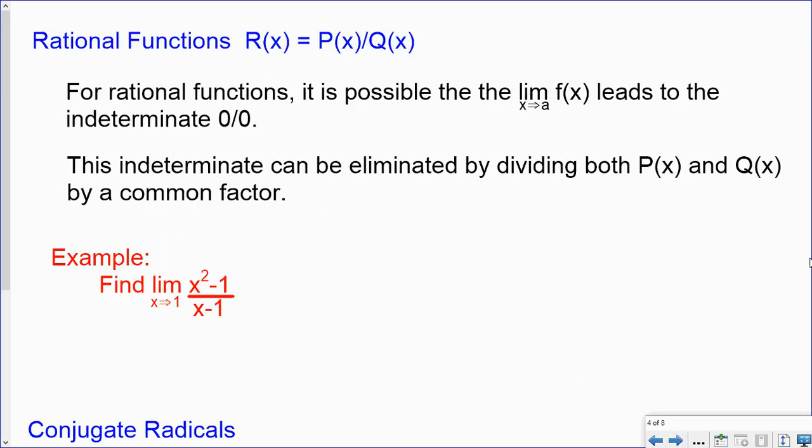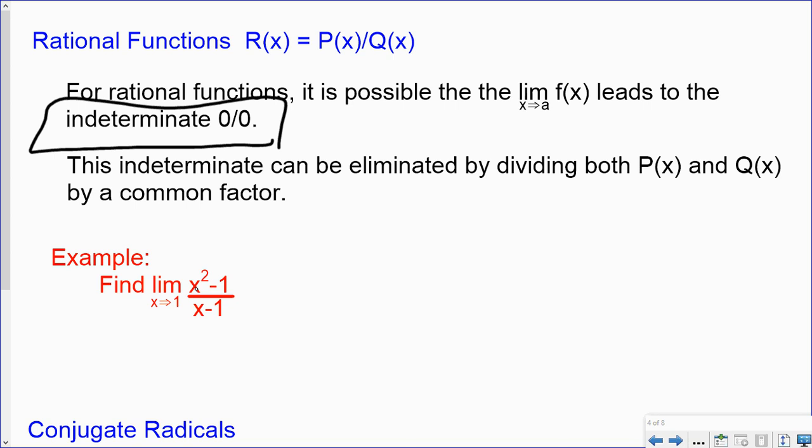We do a little bit of technique when we have rational functions. If we substitute right off the bat, let's put in the 1 here. That's the first thing we should always do when we have to evaluate a limit: direct substitution.